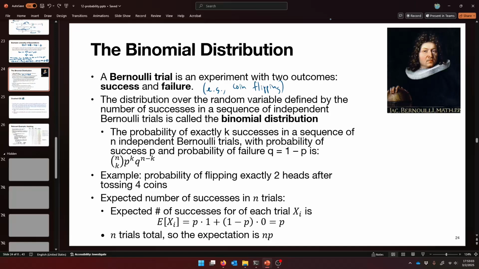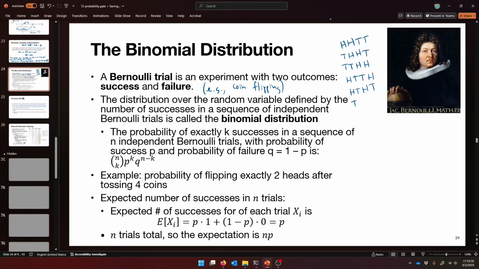Either the 2 heads come first, like head, head, tail, tail, or the heads stay together, tail, head, head, tail, or tail, tail, head, head, or the heads are separate from one another, like they're on both sides. There's that one, or head, tail, these are all the options.